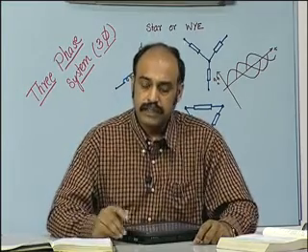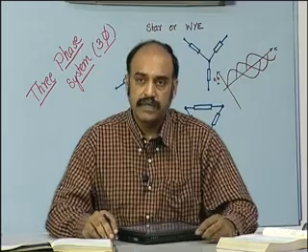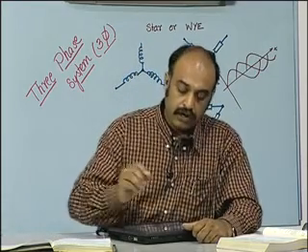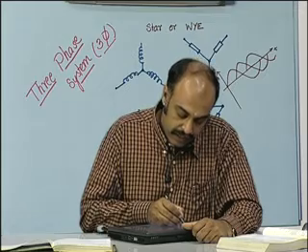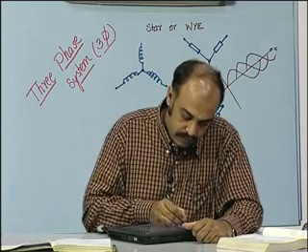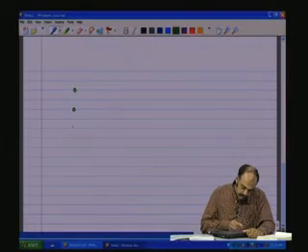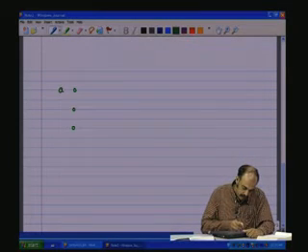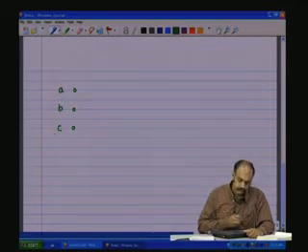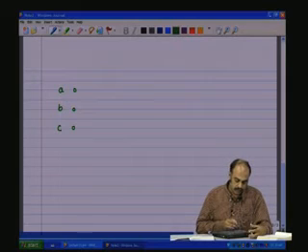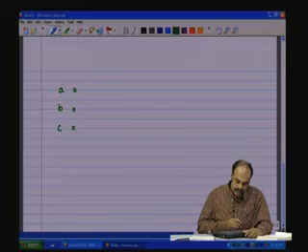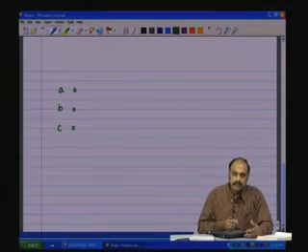Now, let us see what happens if we have multiple loads. A common situation would be that we have a 3-phase source A, B, C. Now, this 3-phase source will supply power to a 3-phase load, and let us say it supplies power to an inductive load, like in the case of a motor.